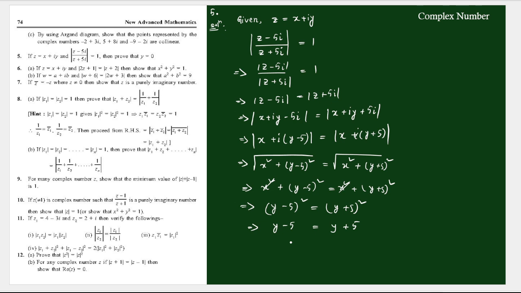Is it okay? Now if you take minus 5 to the other side, then what will you get?